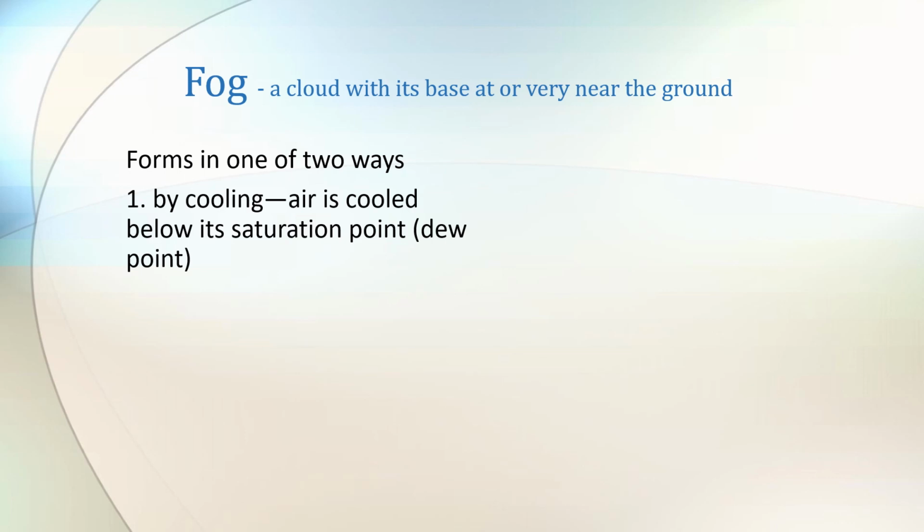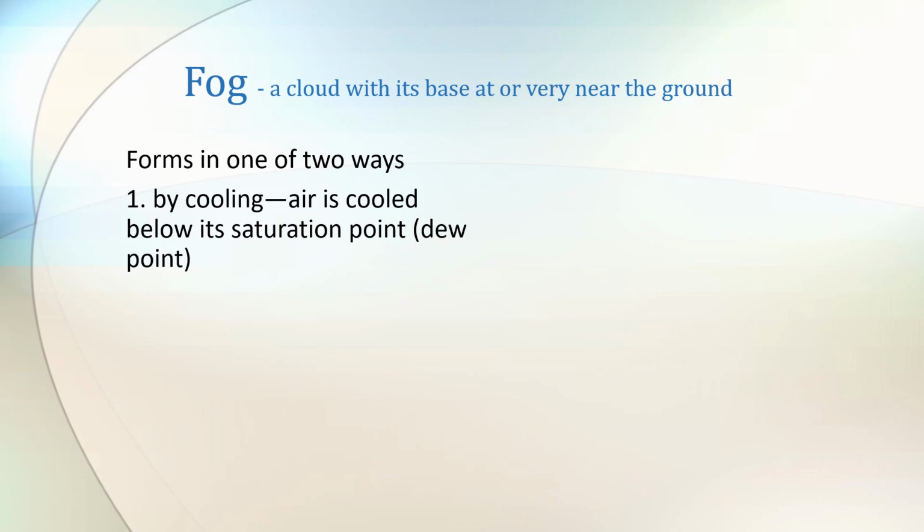First, by cooling, when the temperature of a layer of air in contact with the ground falls below its dew point, then condensation happens that produces fog. As I've mentioned, it's either the dew or the fog. Fog could also form when the air is cooled below its saturation point or below the dew point.